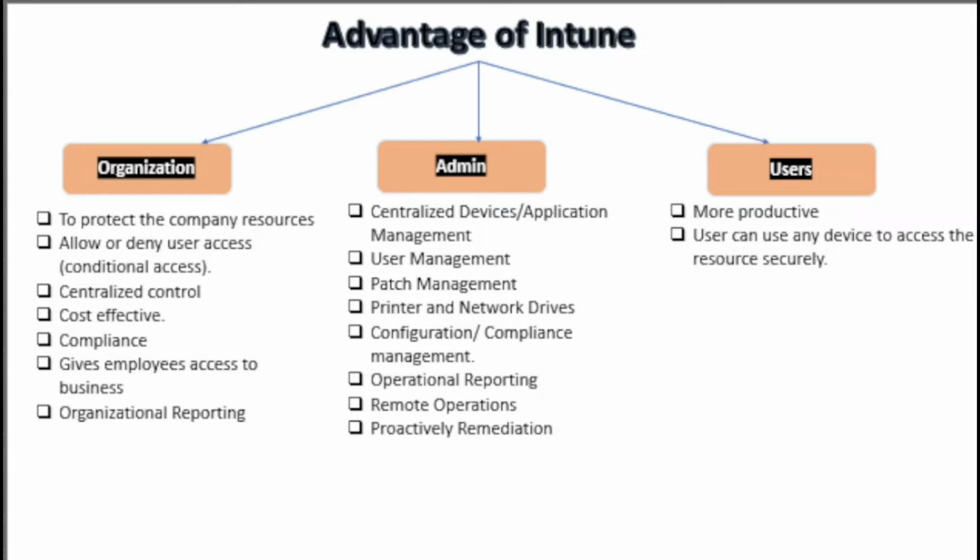They can enforce the compliance and configuration policies, so the device is always compliant with respect to vulnerabilities and all. It gives employees access to the business app when they are at home, so users will be more productive, and they can generate an organization report and take action accordingly.